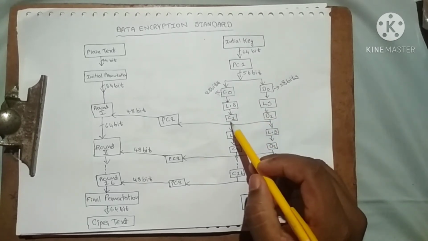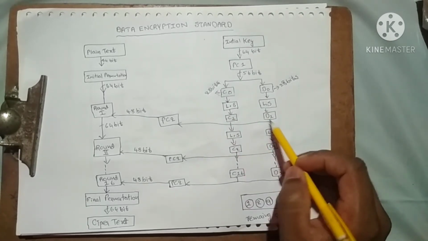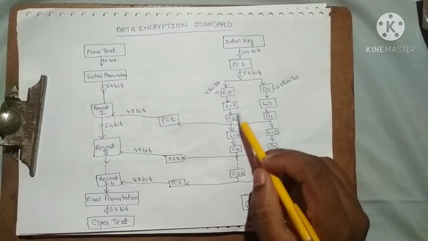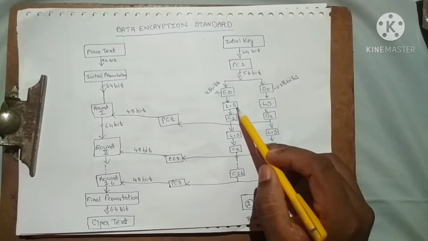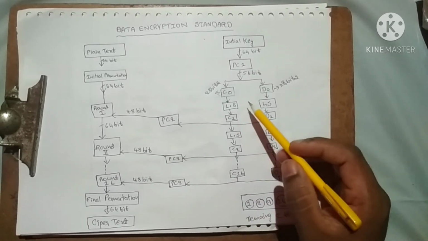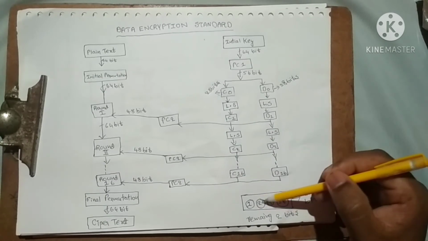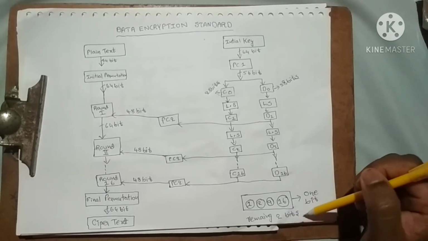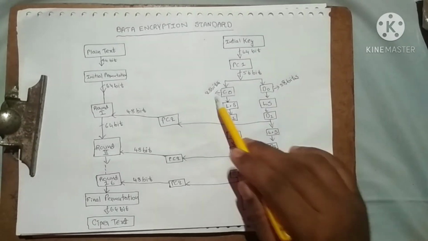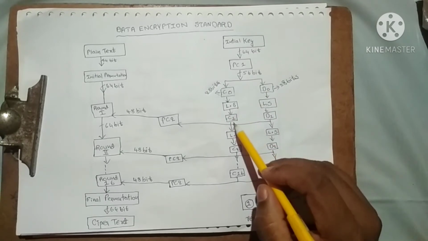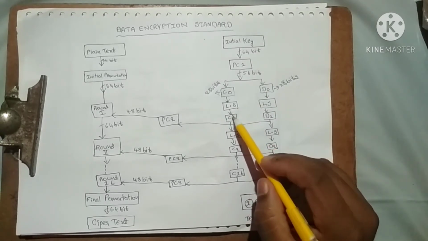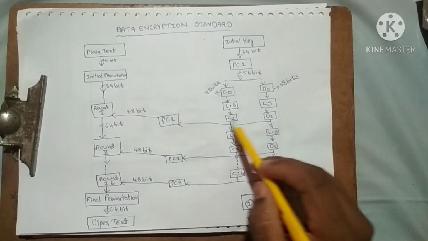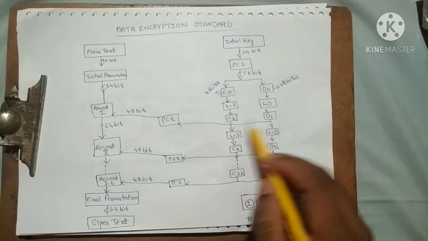This is C1 and this is D1. How many bits are shifted? For rounds 1, 2, 9 and 16 we shift only 1 bit. For the remaining rounds, we shift 2 bits. Then it produces C1 and D1, each 28 bits in length.